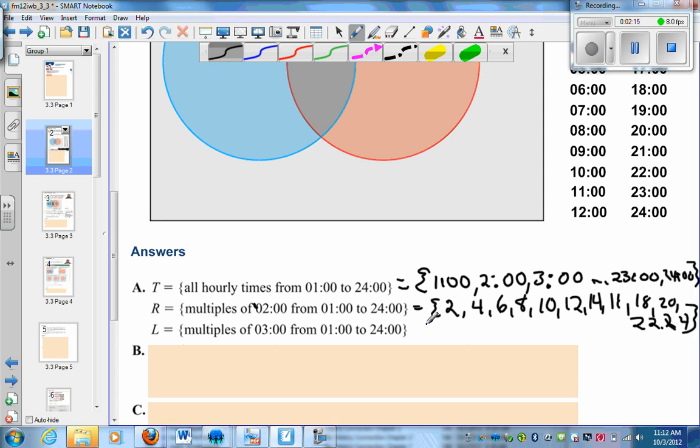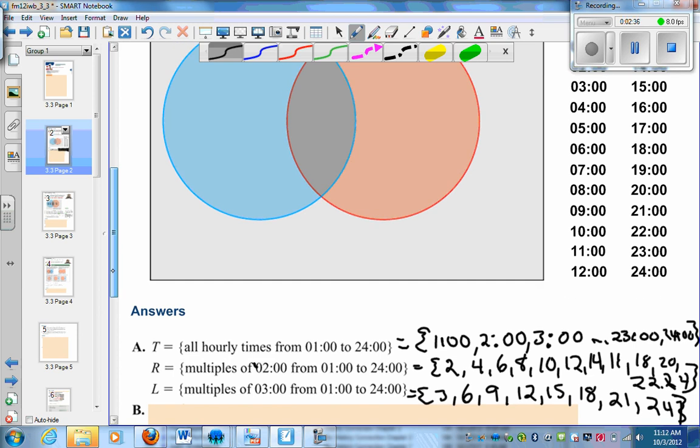Okay, and then the multiples of 3, so we'd have 3, 6, 9, 12, and so on. So this is what those subsets would look like. Sorry, my squirrely brackets aren't great for that.